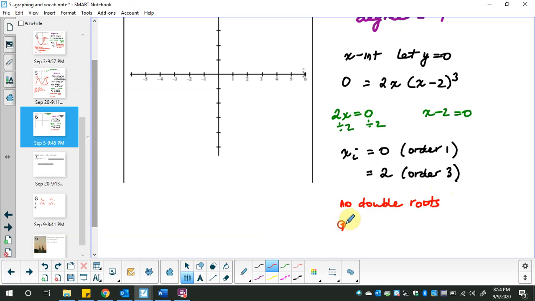But you do have a point of inflection at x equals 2. I'm going to actually use the scale this time just for fun. There we go.